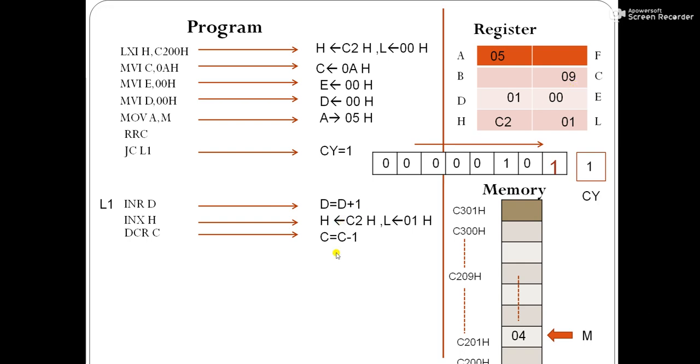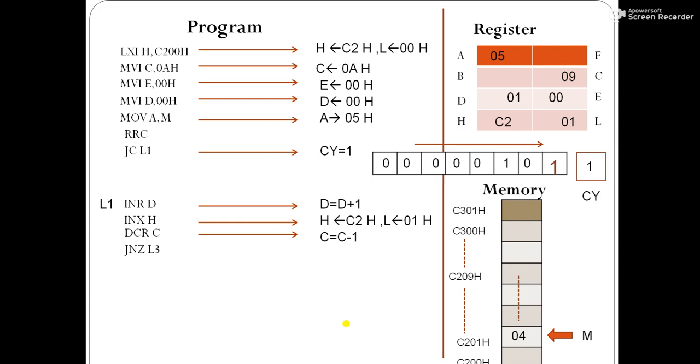Okay, so after this instruction, what will come? We have to do the same process until we get C at 0. Now, is C 0? No, C is 09, so again we have to continue the process. From where?